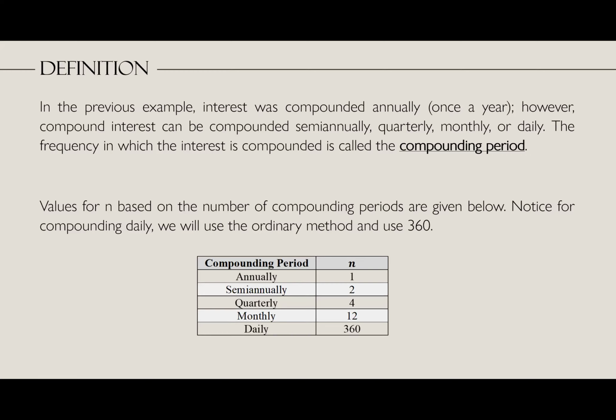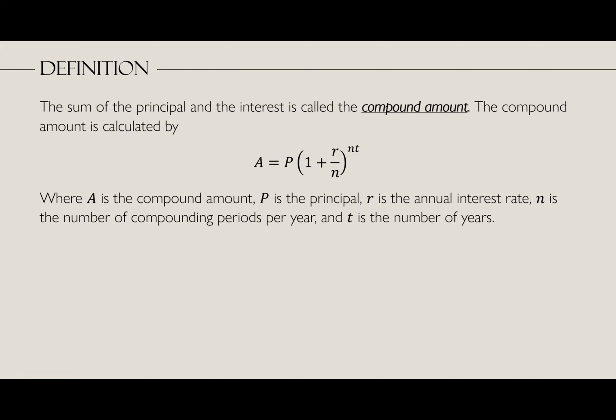So how do I calculate my compound interest? Or in particular, how do I get my compound amount? Here we're going to use this formula for the compound amount, which is the sum of my principal, my original investment, plus any interest that I earn on this account, or additional interest that's owed on the account if I'm talking about a loan.